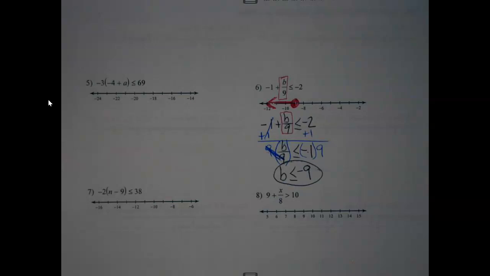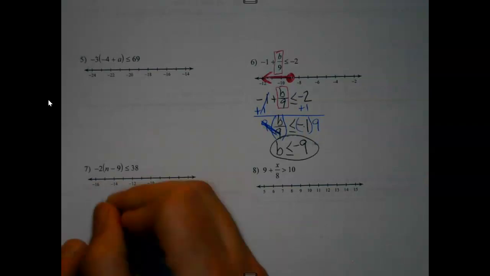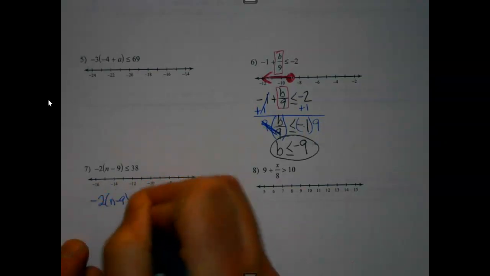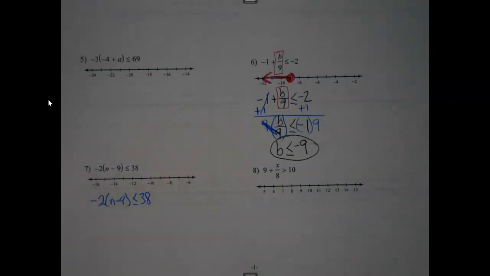The one special case that we deal with when we're doing our inequalities is if we've got a negative stuck to our variable term, which is what we're going to look at here. So number 7, the first thing I notice is I got some distributing to do.